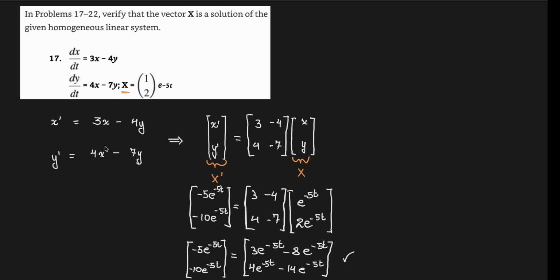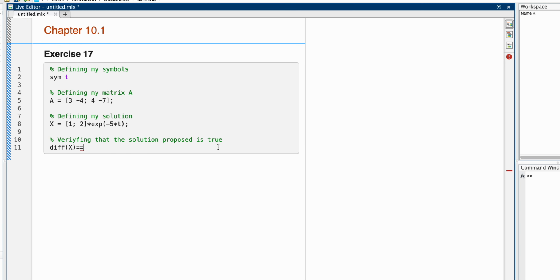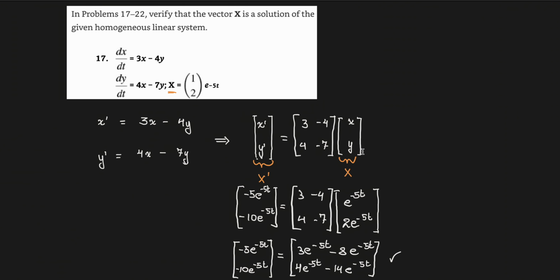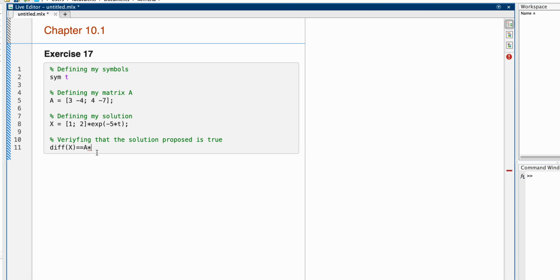So double equal here. Then we have already defined this coefficient matrix as A. So I write A, and then I multiply that by my solution, and my solution is x. And then I don't put a semicolon because I want to see the output. And I want to see if the left-hand side is going to be equal to the right-hand side.